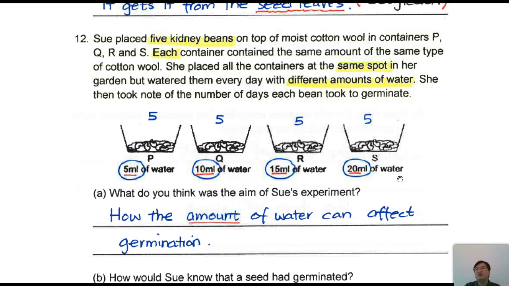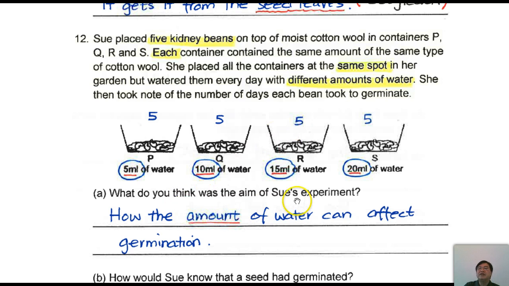Every one of them has water. The number of seeds should be the same. You can see the beans should be the same. The type of container is the same, and they are all placed onto cotton wool. Cotton wool the same. If this is placed on some soil and this is placed just in water, then it will not be a fair test. So the container is the same, 5 seeds, 5 seeds, 5 seeds, and so on.